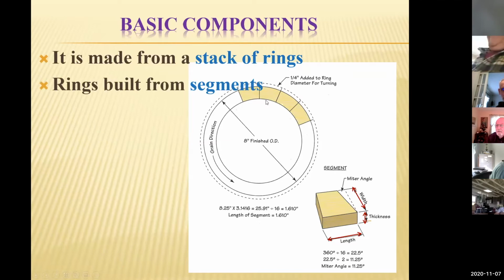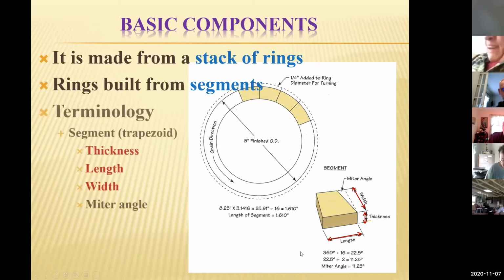The rings are built from segments, and each segment is a trapezoid-shaped piece of wood, with a particular thickness or height, a particular length, which is the part exposed on the outside, and the width refers to the depth of the piece depending on the design of the piece that it's going into. And then the miter angle. The miter angle depends on a lot of features that we'll talk about in a moment.